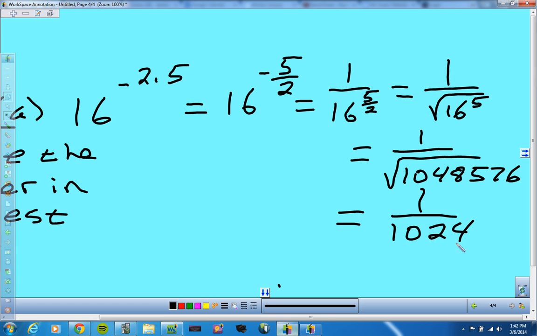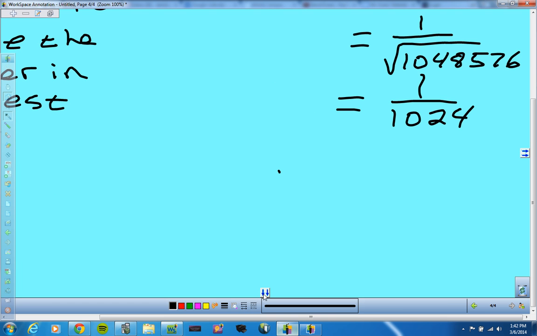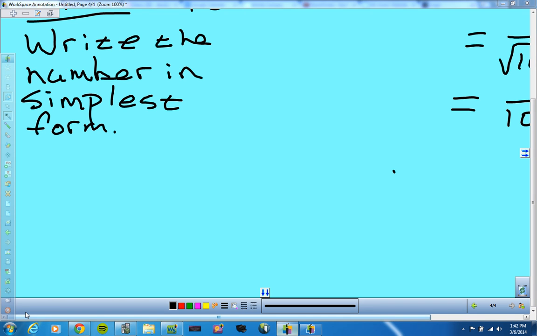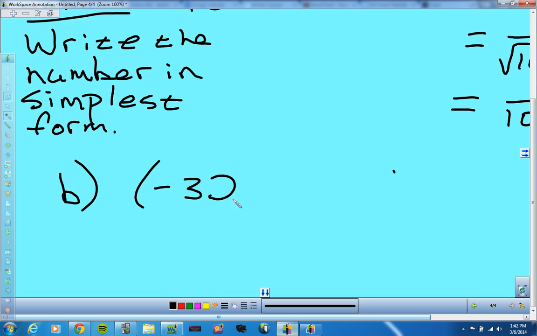So let's do this one. And this will be the last example too. Negative 32 to the 4/5 power. Only if the exponent is negative do you move it to the denominator or the numerator, depending.